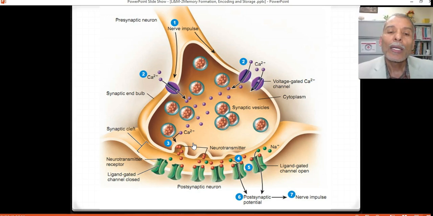Now, the more we get a neuron to fire, the more likelihood it will fire again, and it will fire more efficiently. Why? Because it learns how to send these vesicles quickly, how to package the neurotransmitter quickly, how to have enough neurotransmitters.